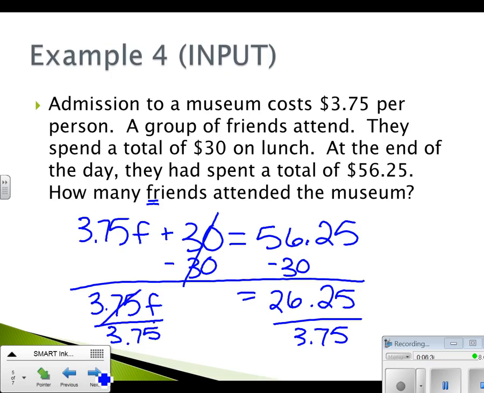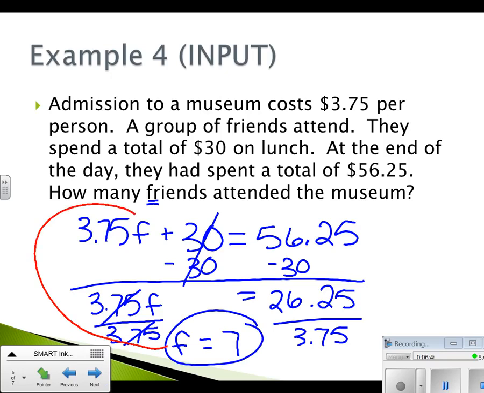This simplifies to 1. So F, the number of friends, if you do 26.25 divided by 3.75 is 7. So 7 friends. If you check your work, you do 3.75 times 7 and then add 30 to it, you end up with 56.25. So that's the correct answer.